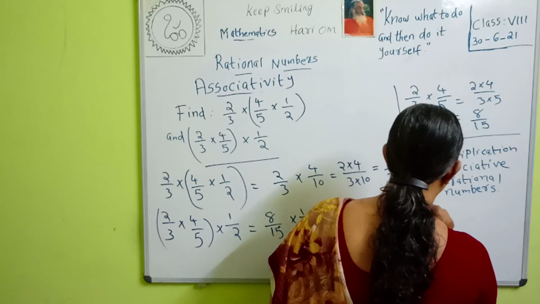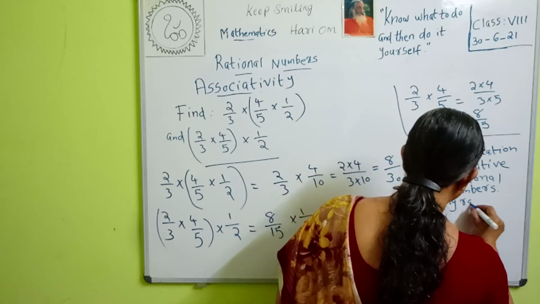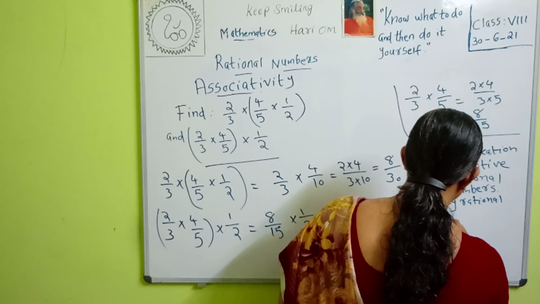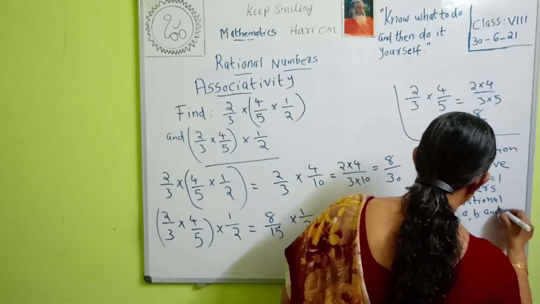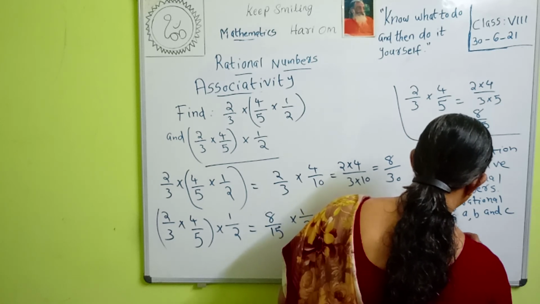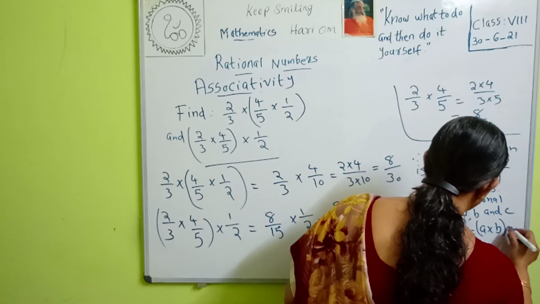That is, for any rational numbers a, b and c, a × (b × c) is equal to (a × b) × c.